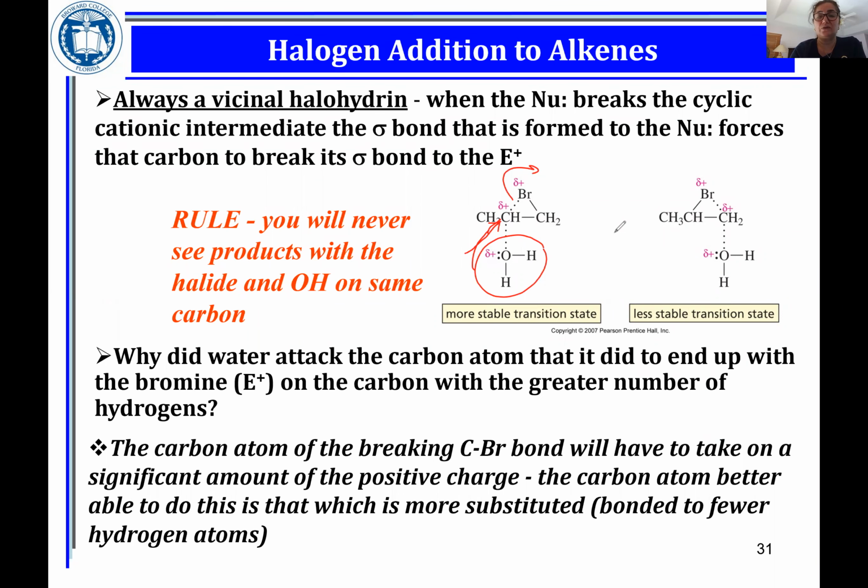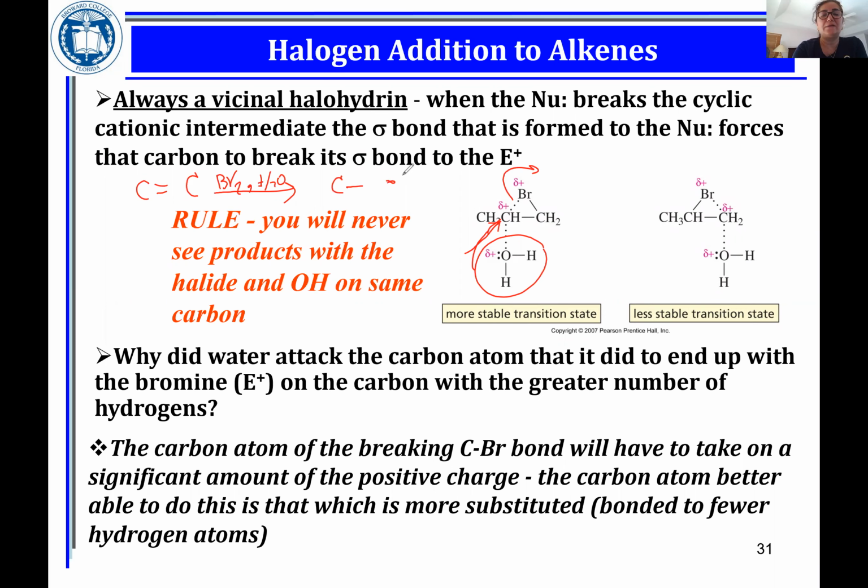So the net result would be addition of the Br and OH, and it is Markovnikov anti-addition. In this case, we have both Br and H2O.